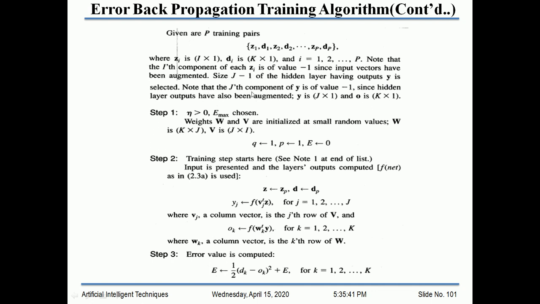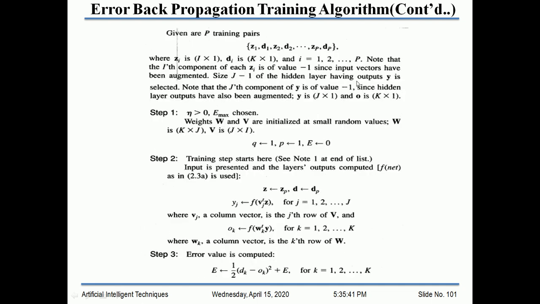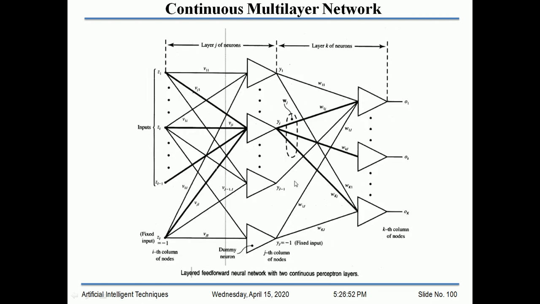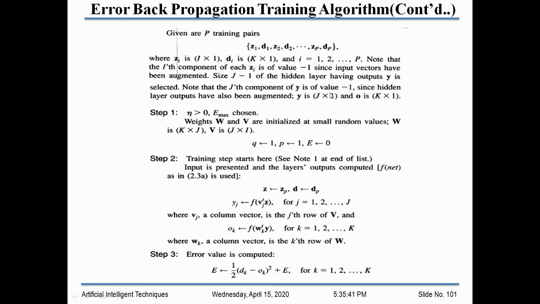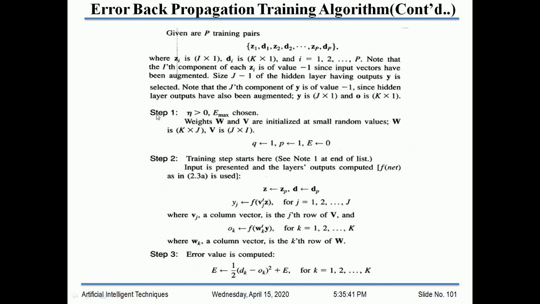Note that the jth component of y is also minus 1, since the hidden layer outputs have also been augmented. So y is y1, y2, y3 and so on up to yj, a j by 1 vector, and O is k by 1: O1, O2, O3 and so on up to OK.